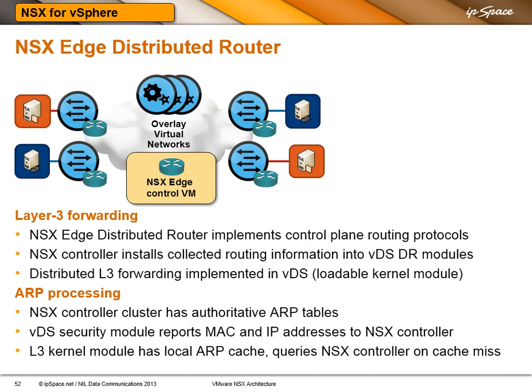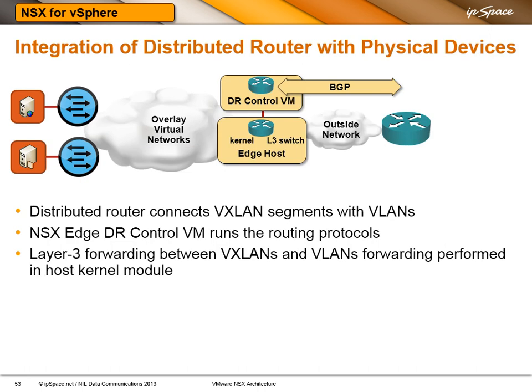In the NSX for multiple hypervisors case, I told you that you can sort of merge the distributed router with the gateway node. Here, you need two VMs. But first, let's cover the case where you don't want to do any NAT or any other services. So you just want to run overlay Layer 3 to the outside network.